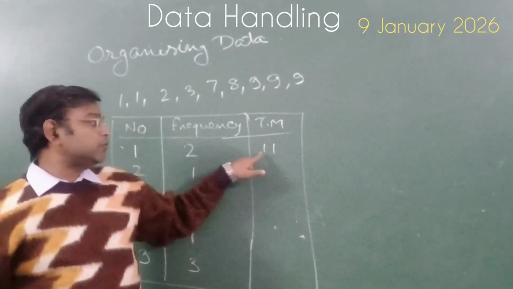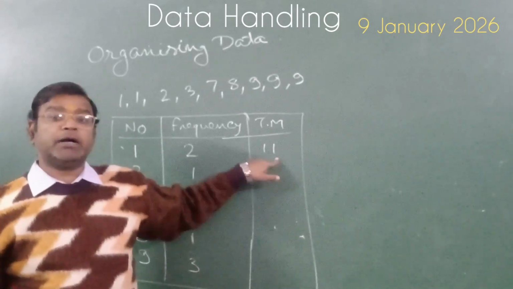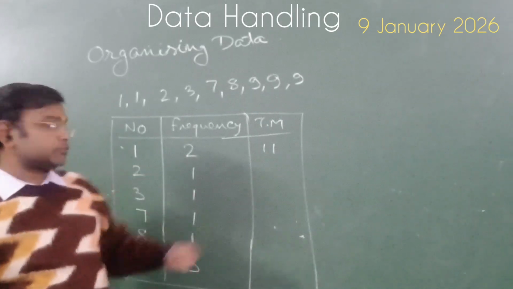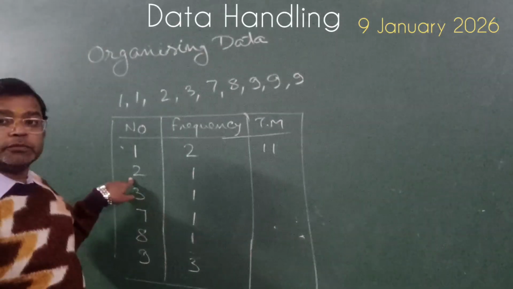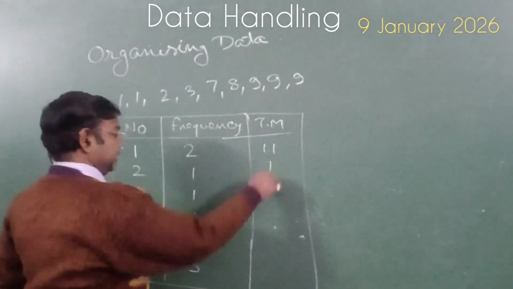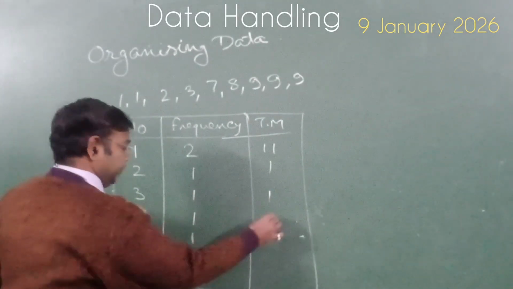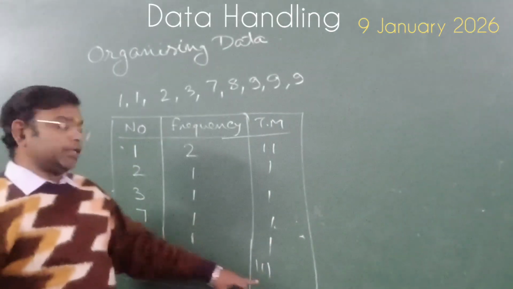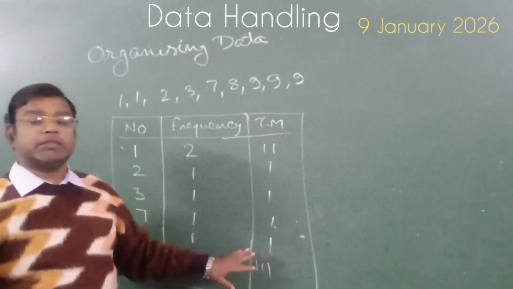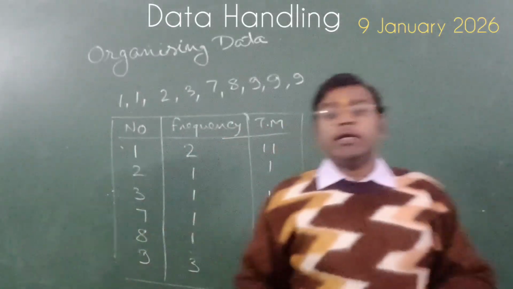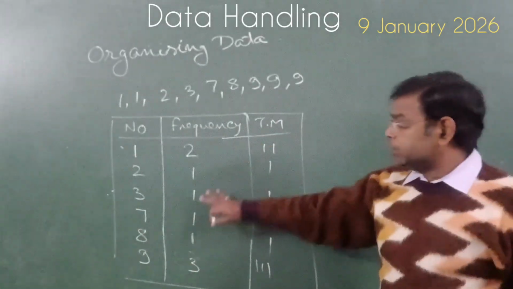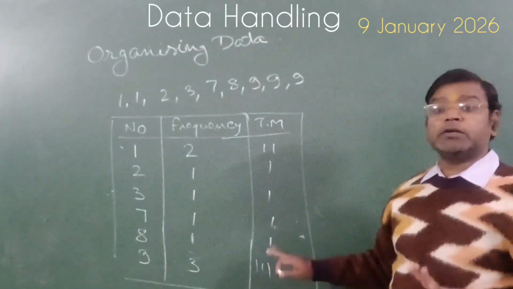These are not the number 1, these are bars. Again, number 2 is 1 time, number 3 is 1, 7 is 1, 8 is 1, and number 9 is 3 times. These are the tally marks that you already learned in class 7. So this frequency distribution table is for ungrouped data.